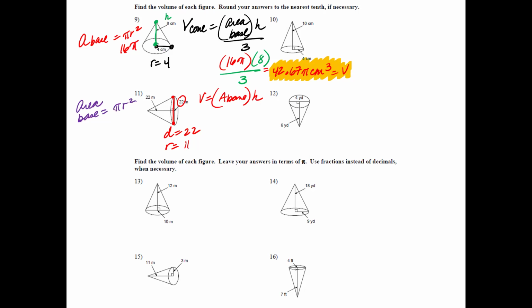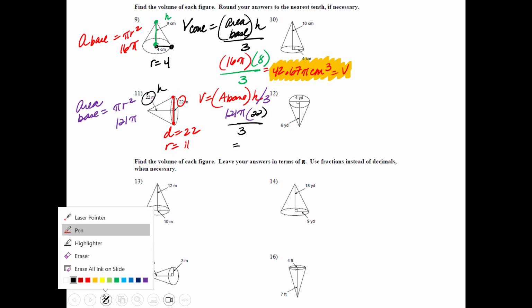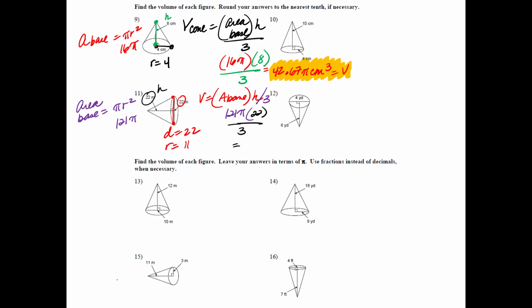Nope. It's a circle. Okay. Radius is 11. 11 times 11 is? 121. Yep, that's 121 pi times the height. What is your height? Okay. Divided by 3. So what's 121 times 22 divided by 3?